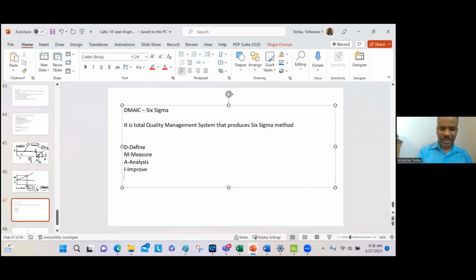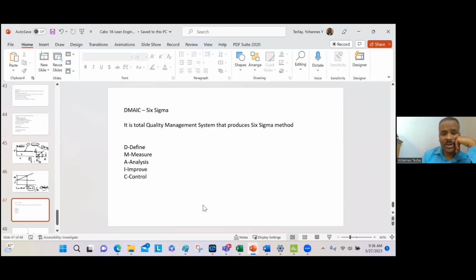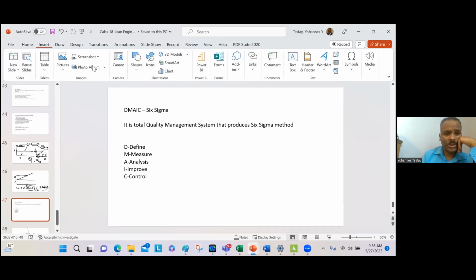Then the next one, C, is control. Control. Just like that. So if you are comparing these things with 8D, you see, 8D.